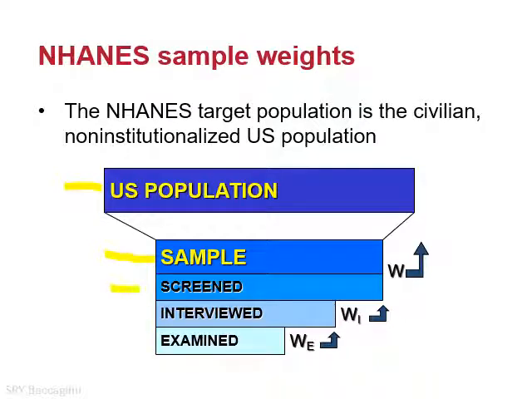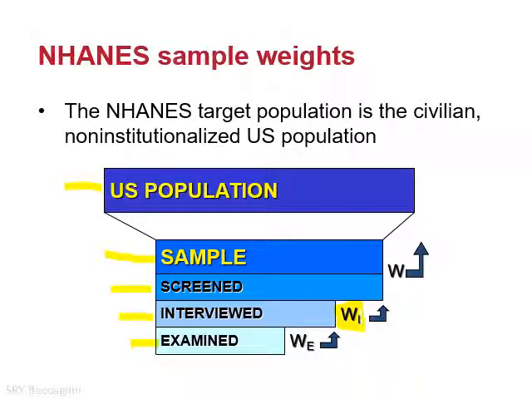So a number of individuals will be screened and then interviewed and examined. However, not everybody who is interviewed will also be examined. That means there will be more individuals interviewed than there will be examined. For that reason, we need to decide which group the individual is part of. So if we only collect variables in our study that were only collected during the interview phase, then we use the interview weight.